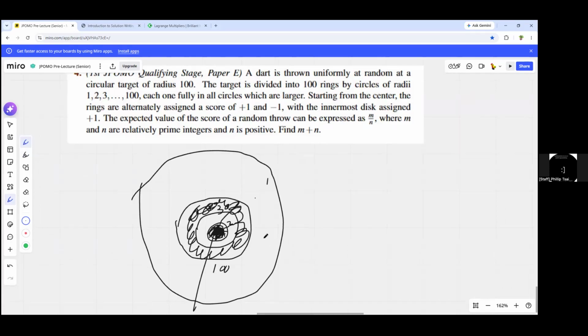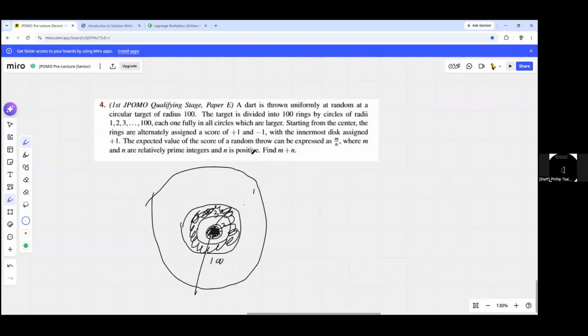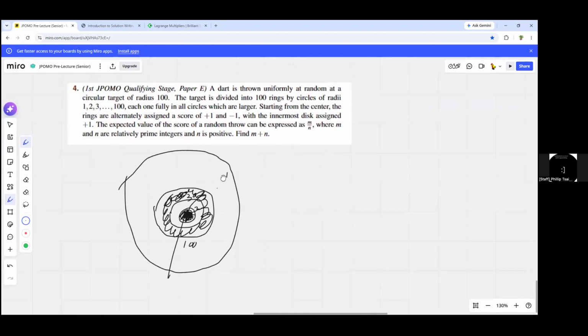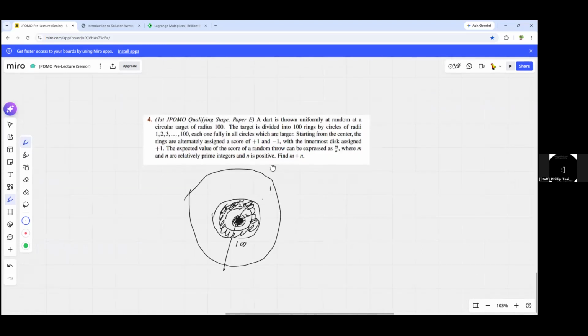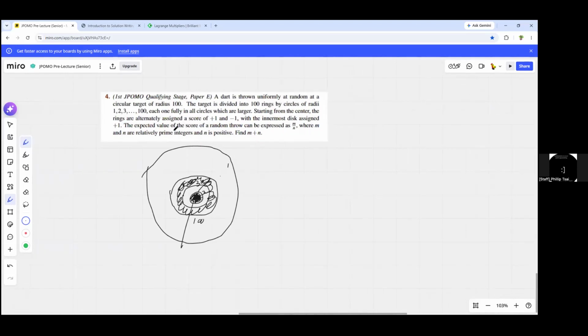So first notice that we need to find the expected value of the score.